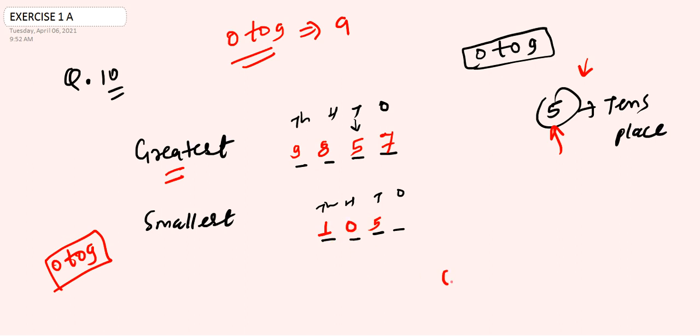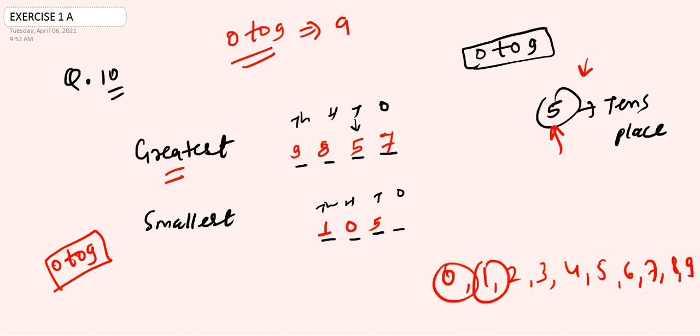Now 0 to 9 digits we have: 0, 1, 2, 3, 4, 5, 6, 7, 8 and 9. So 1 is used here, 0 is also used, 5 is also used. The next smallest digit is 2 only. So write 2. In this way you have to form the greatest and smallest numbers.